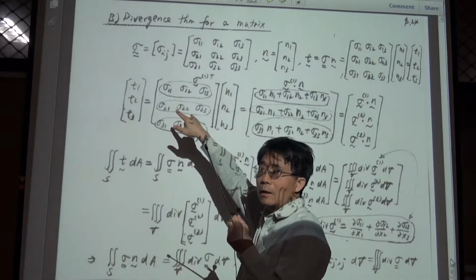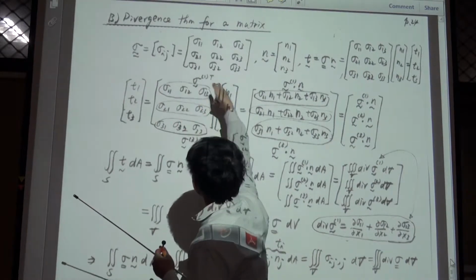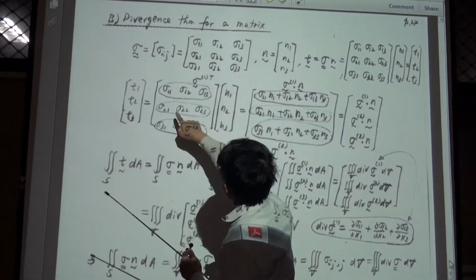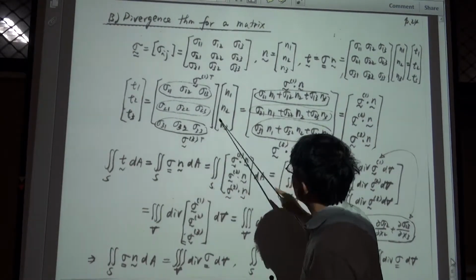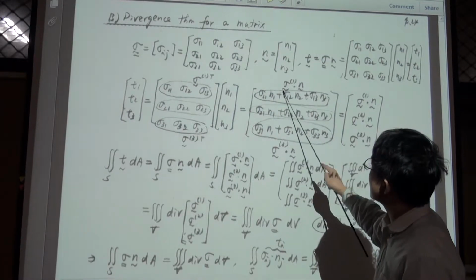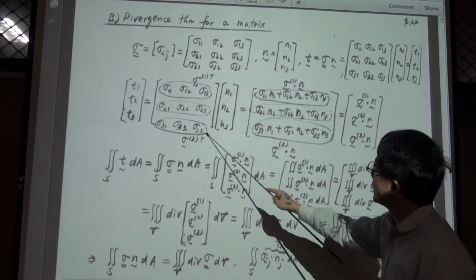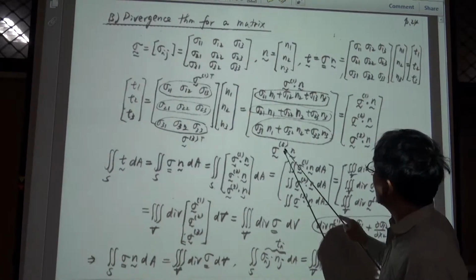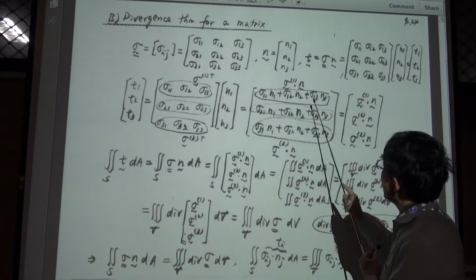Okay, and now we carry out the multiplication. This one multiplied by this equals this. This one multiplied by this equals this. This one multiplied by this equals this. Okay, that's the inner product. This vector inner product with n is this.